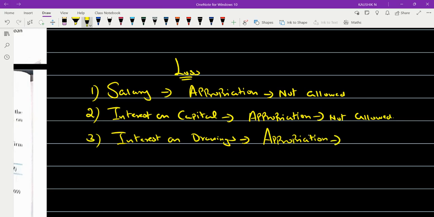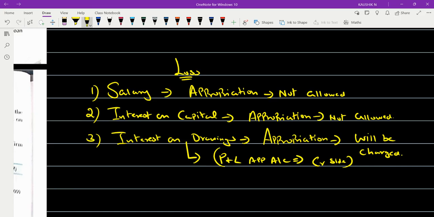Will we show this when there is a loss? Yes, it will be charged. So where will you show this interest on drawings? In your P&L appropriation account. Which side will you show this? It should appear on the credit side.